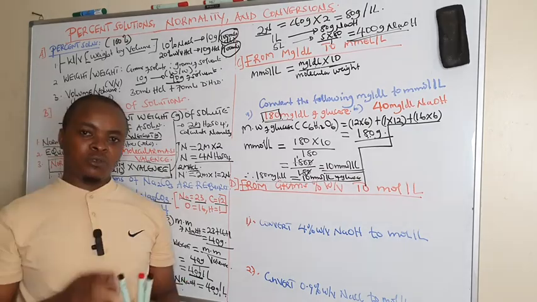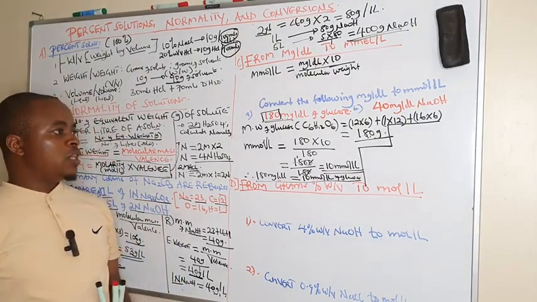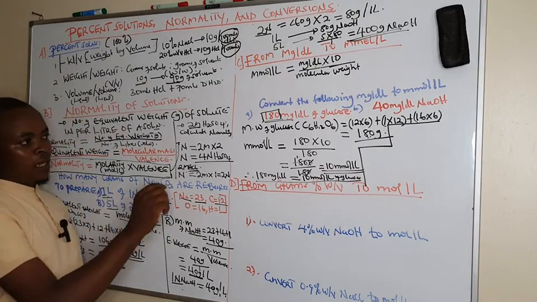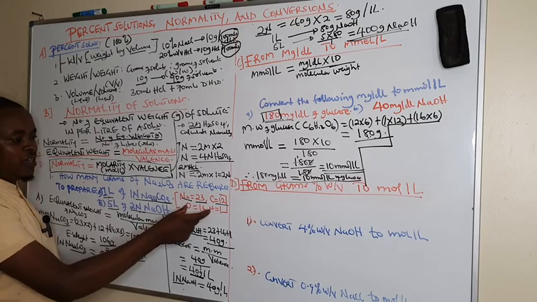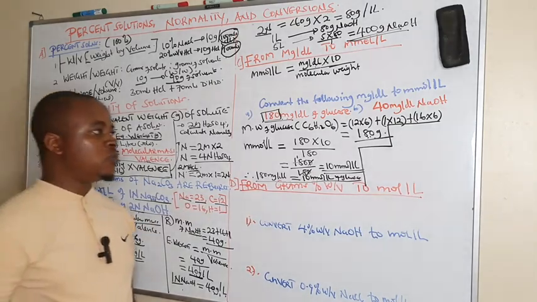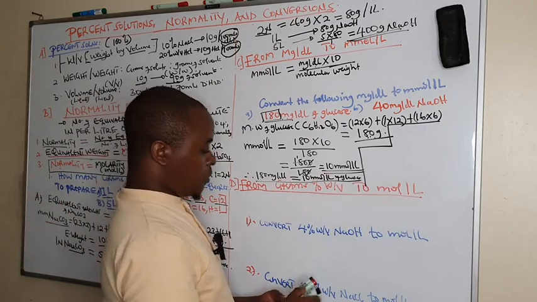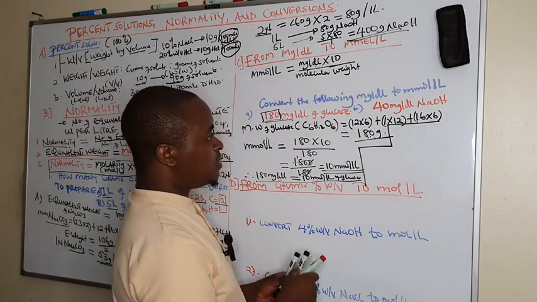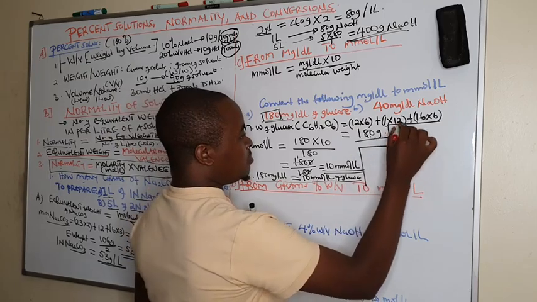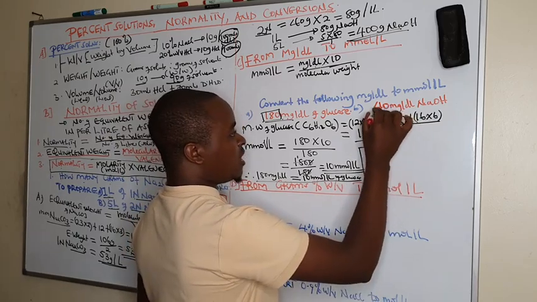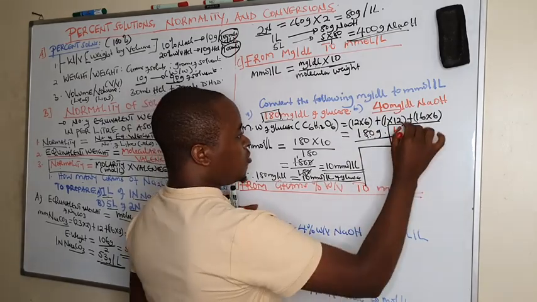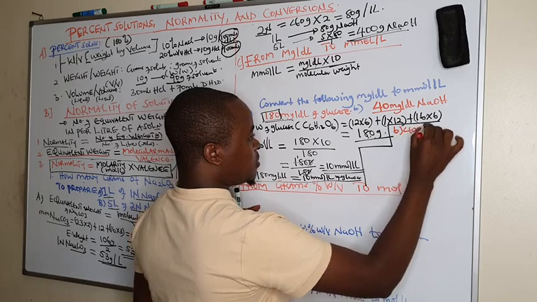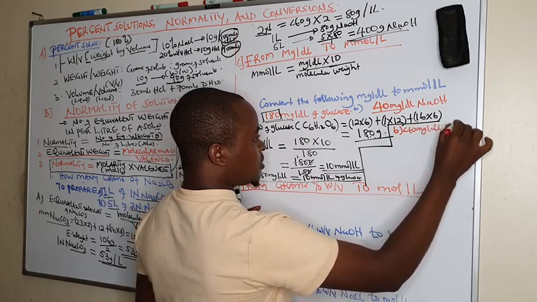So the major thing is to calculate the molecular weight of that compound, and the atomic mass of different elements in a compound are always given in the question. So always check them out in the question. So here we can answer part B, whereby they require us to convert 40 milligrams per deciliter of sodium hydroxide.